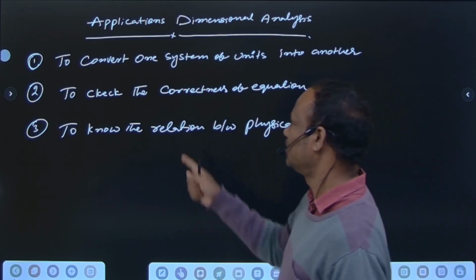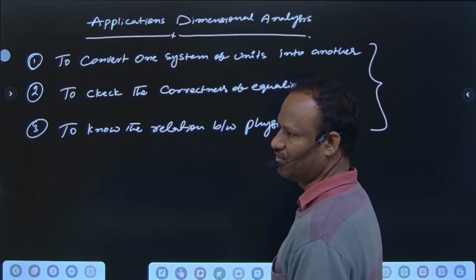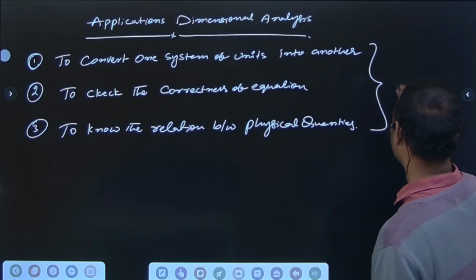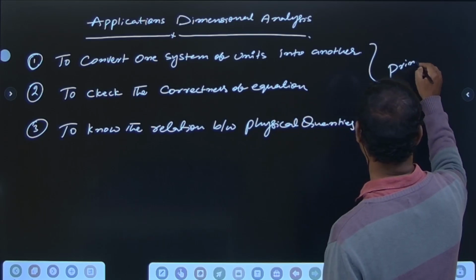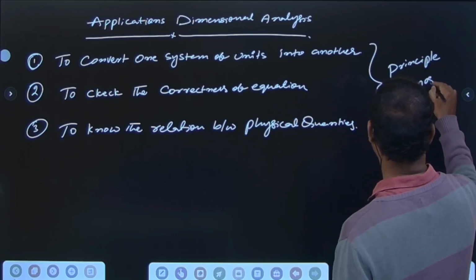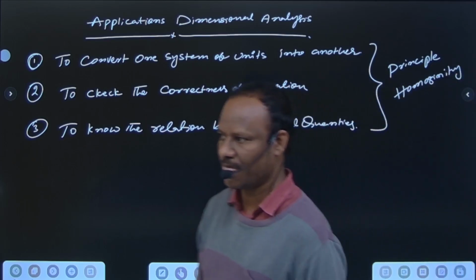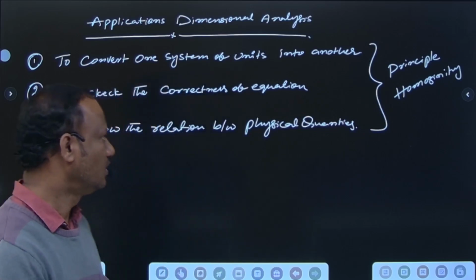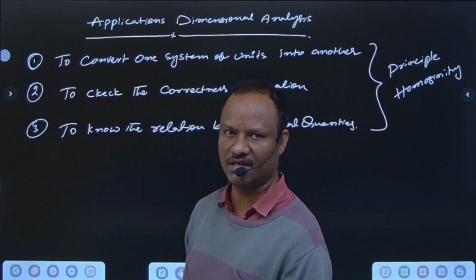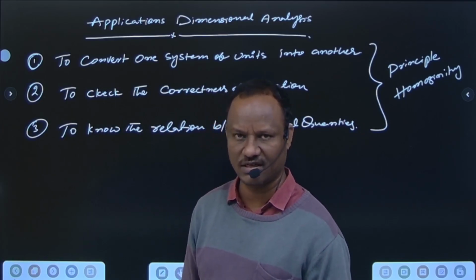Okay. So to discuss about all these three things, we should discuss about this principle of homogeneity. So homogeneity. What is the principle of homogeneity? Principle of homogeneity means what? For example, can you add velocity to the acceleration? Can you subtract velocity from the acceleration?